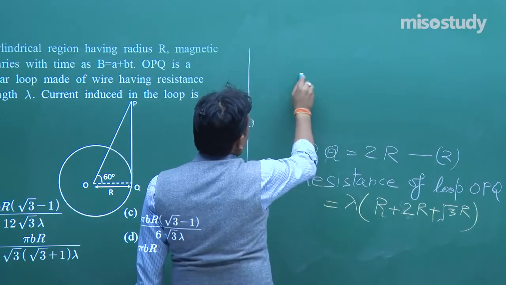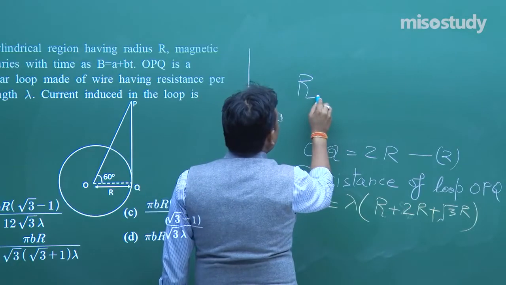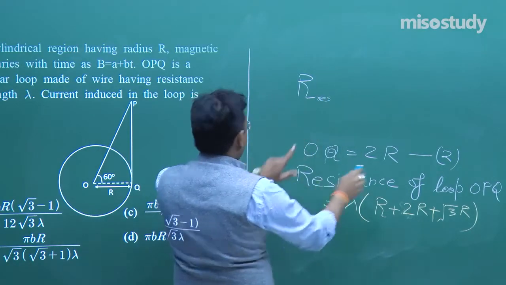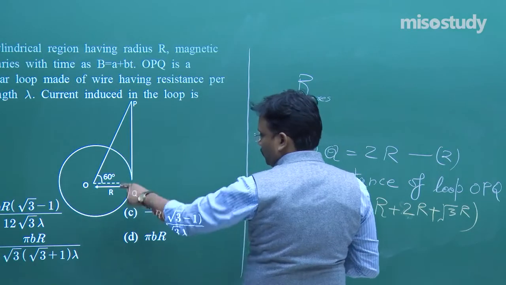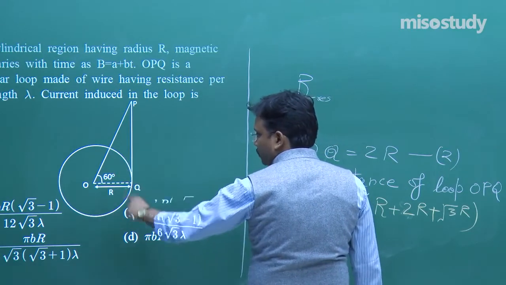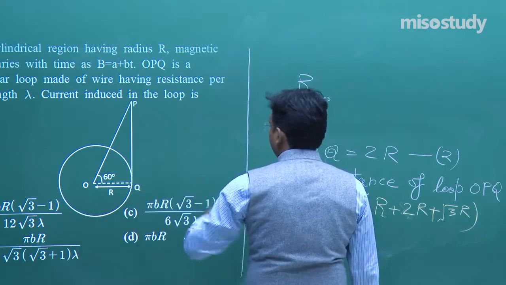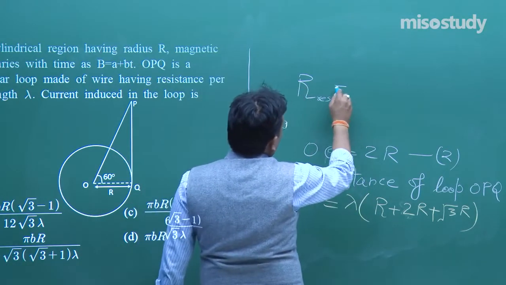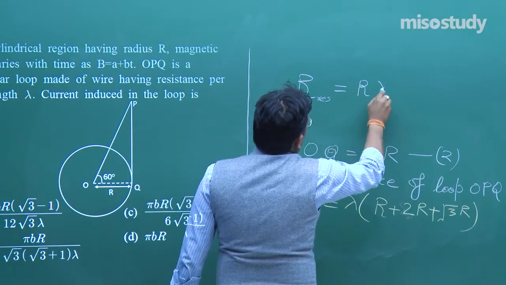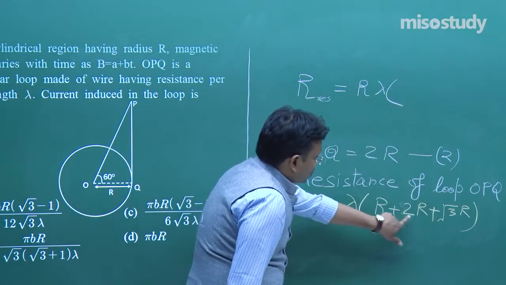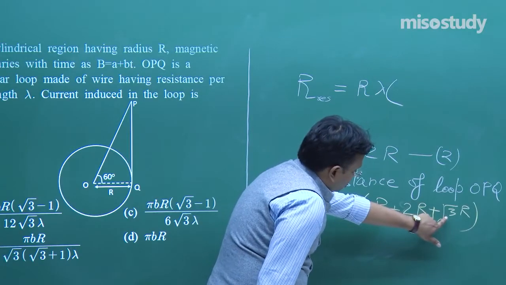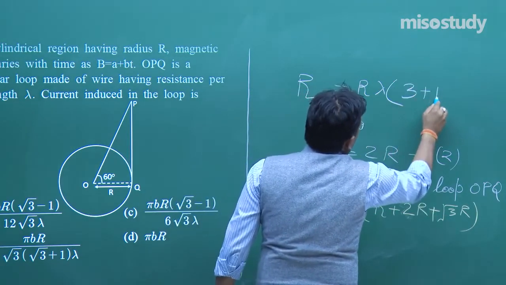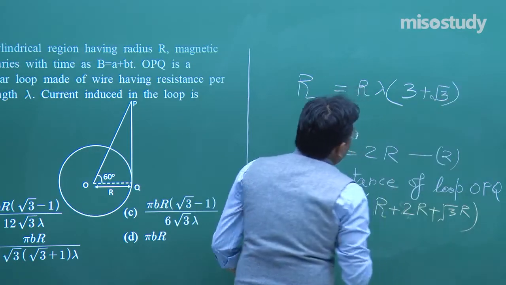So r, and don't get confused with this r, this is resistance and this R is the radius. Actually in this diagram when they asked the question, it was the term which was slightly confusing. So that is why I am using this r for resistance. So it is going to be R lambda times 1 plus 2, 3, 3 plus root 3, fine. So what we can say, 3 plus root 3, okay.